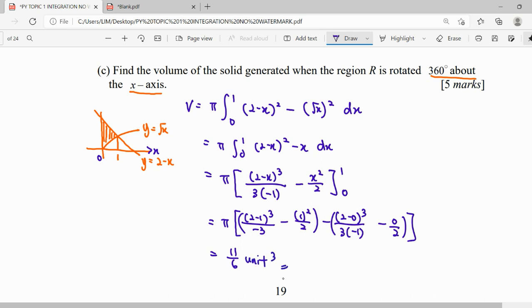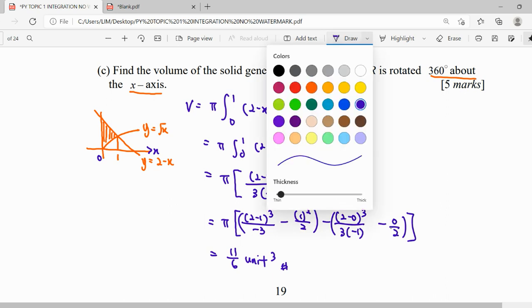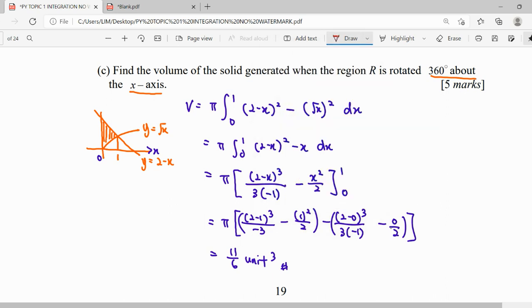So the volume is in unit cubed. These are 5 marks. Of course, the first mark is for your formula to find the volume. Then doing your integration and integrating correctly, so we give 2 marks here. Then writing your upper limit minus your lower limit, and evaluating the answer.